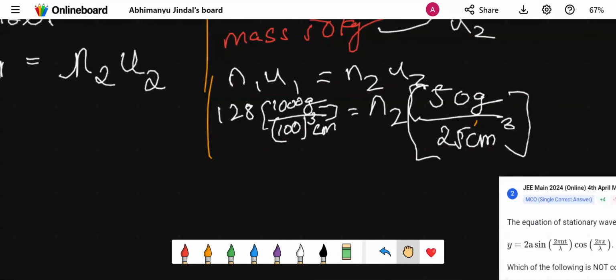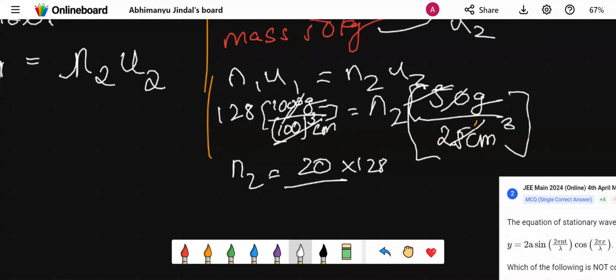So this is how you can convert, let's say kg by meter is given, so you can make it into gram by centimeter and so on. So the n2 right now I'm getting is, this thing is 100 into 100, this is 4. So here I can get 1000, so this is gone as well. So 20 into 128 by 4 into 4 into 4, which is 64.